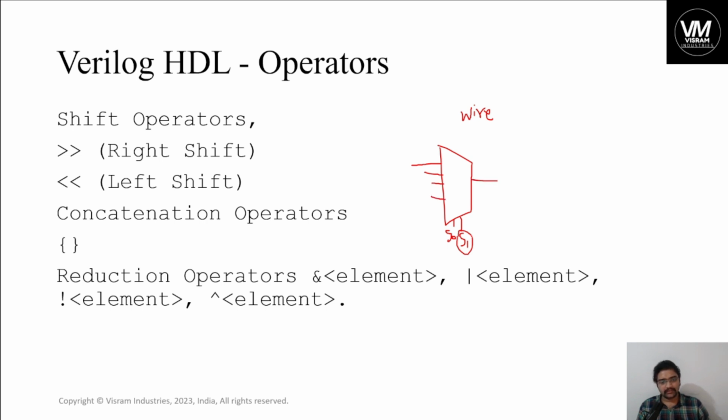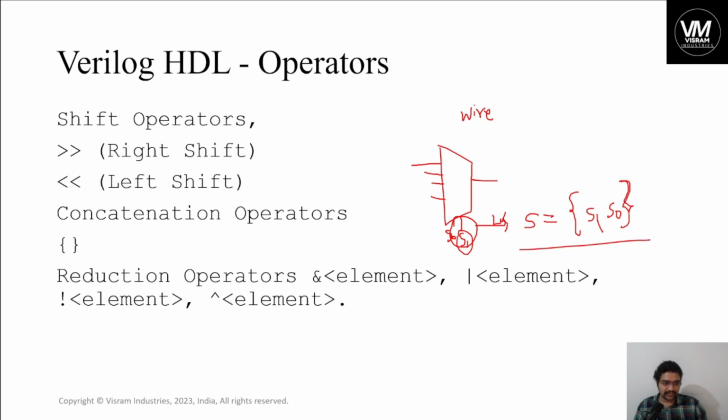S0 and S1, but these can be assigned in a single variable S, so one wire, but S can be given 2 bits, S1 and S0, in this way. But how do you write this?